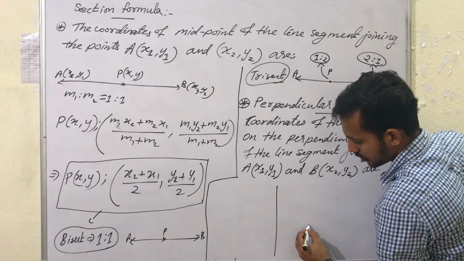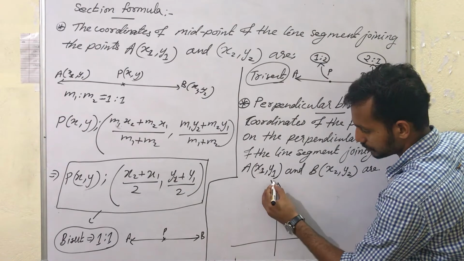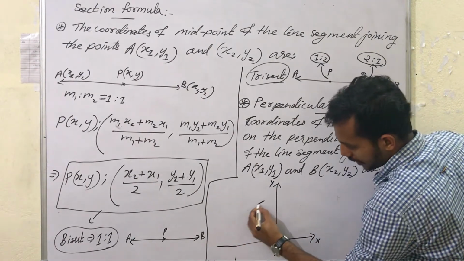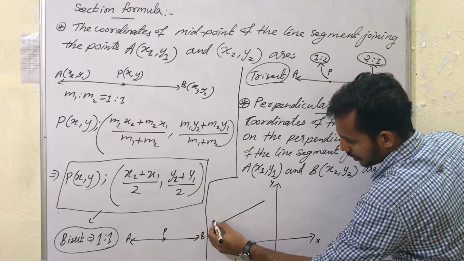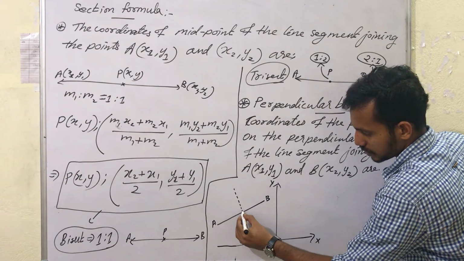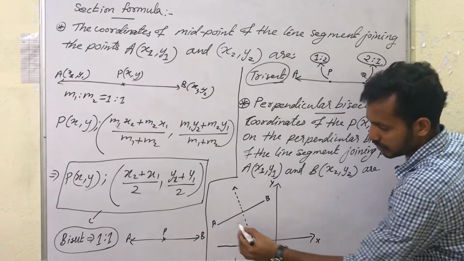consider two coordinate axes, x and y, and there is a line segment AB, and this will be the perpendicular bisector. Am I right? This will be the perpendicular bisector.